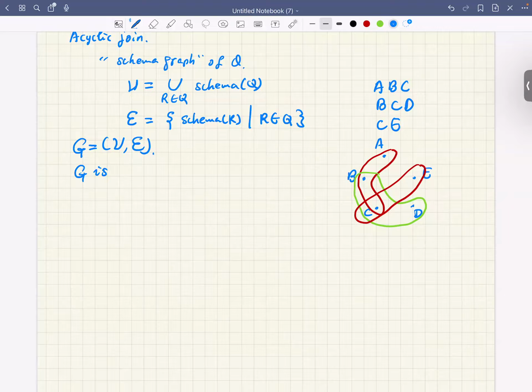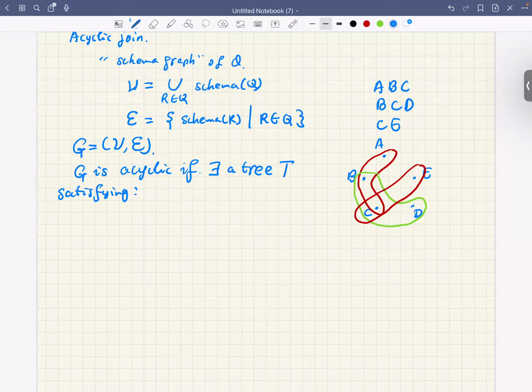G, which is a hypergraph here, is acyclic if there exists a tree. Now this tree is a conventional concept, a tree. This tree T satisfies the following 2 conditions.